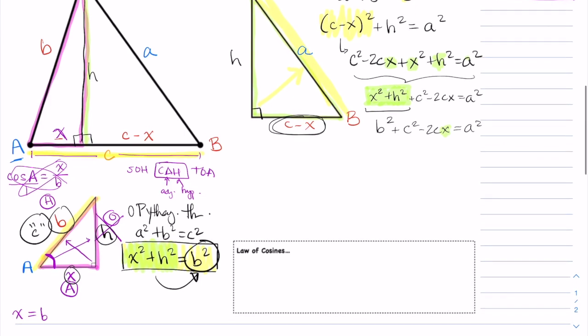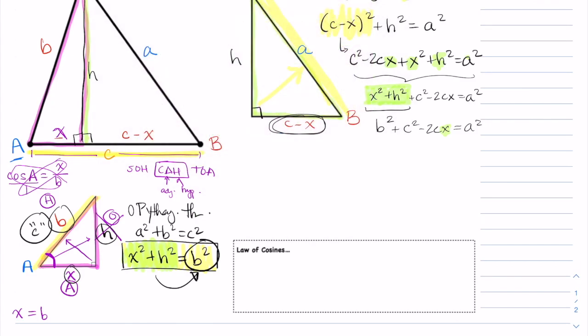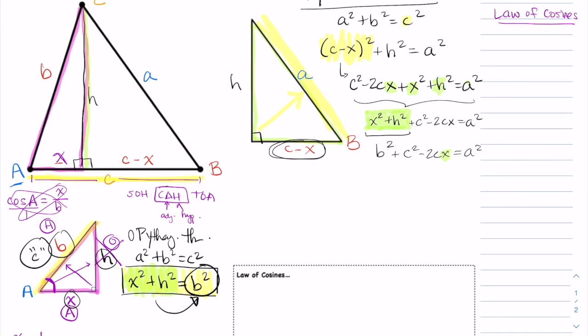However, if we look down here, at one point we had cross multiplied and we had found another way to say x was b cosine of capital A, which came from the cross multiplying. So right here, I actually have another way to say that.